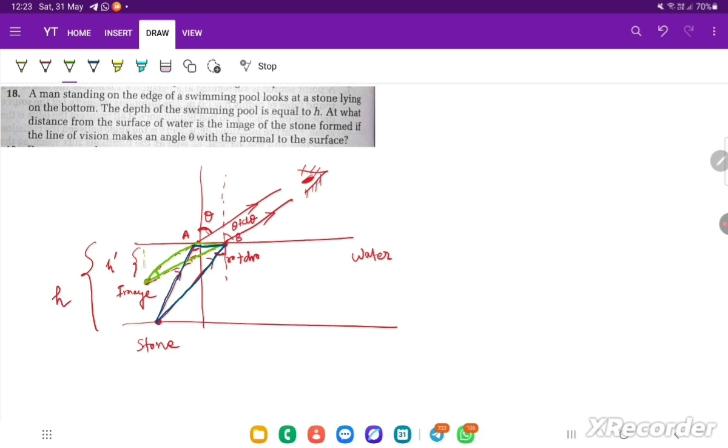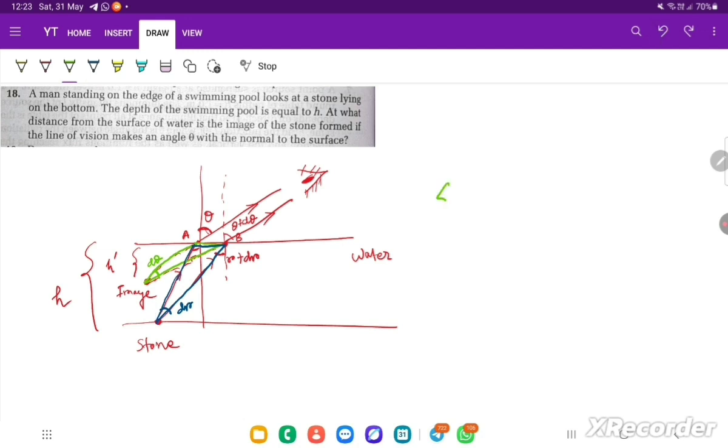Because if this is the normal line, this angle will be theta as a corresponding angle, and this whole angle will be theta plus d theta. So this small angle will be d theta only. And with the same logic, I can write this angle as dr, because this angle will be r, and this whole angle will be r plus dr. So that small angle will be dr only.